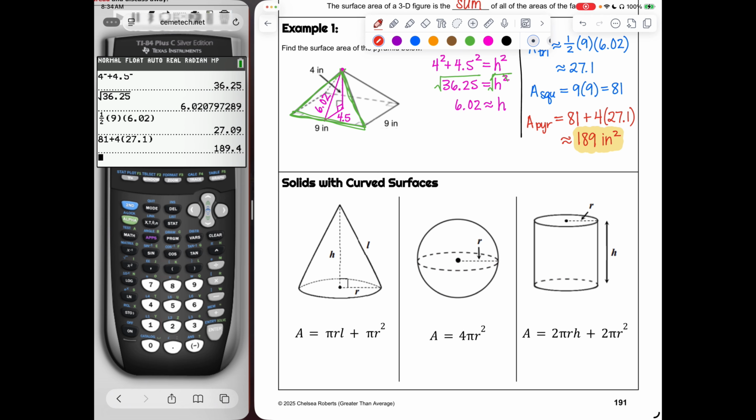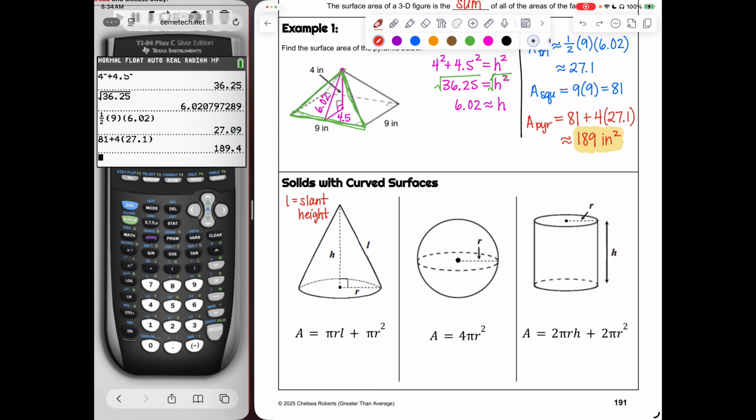Okay, L is the slant height. That's the height that's leaning. That's why we call it an L, leaning L. Okay, so we have to do pi times the radius times the slant height, which is the L here. So pi times r times L. And then you have to add it to the area of that circular base, which is pi r squared.